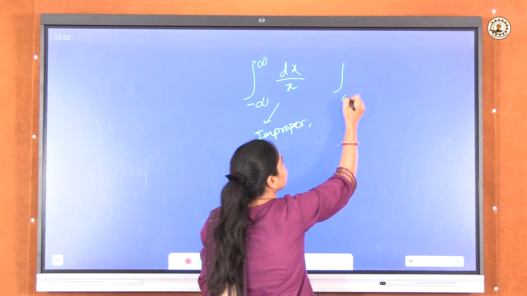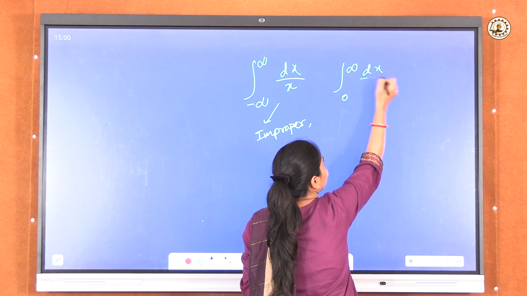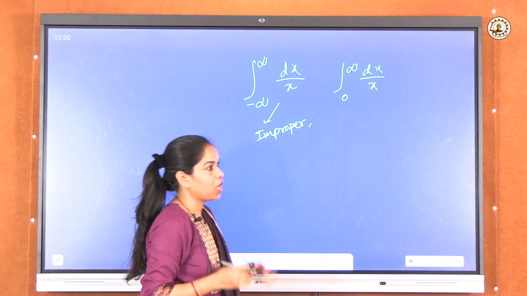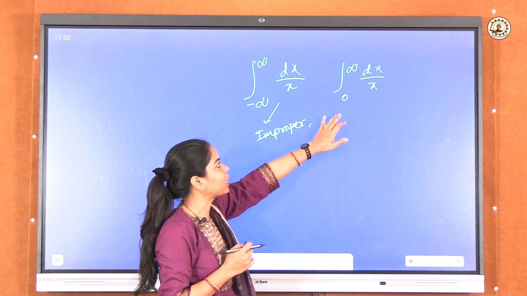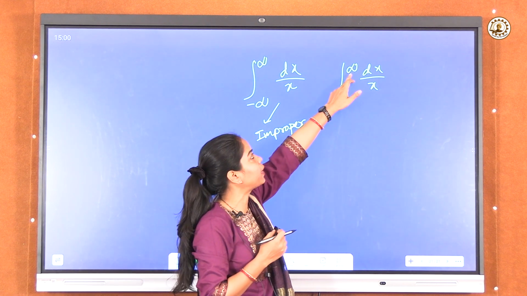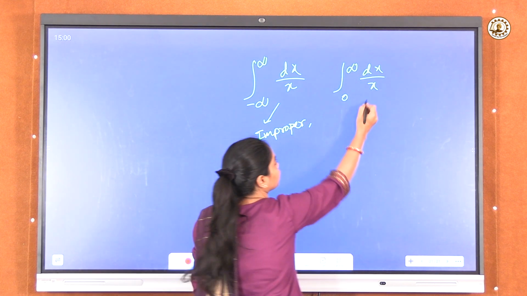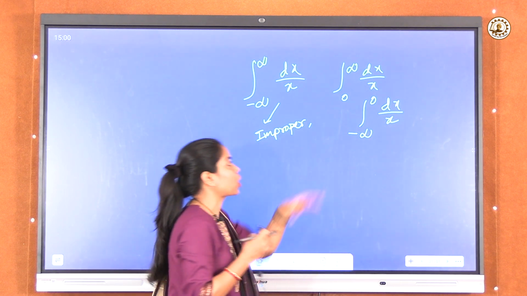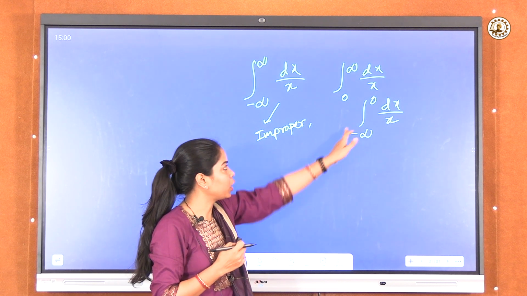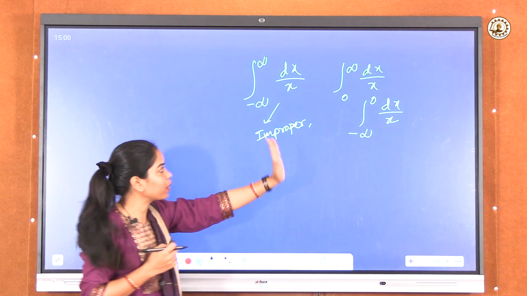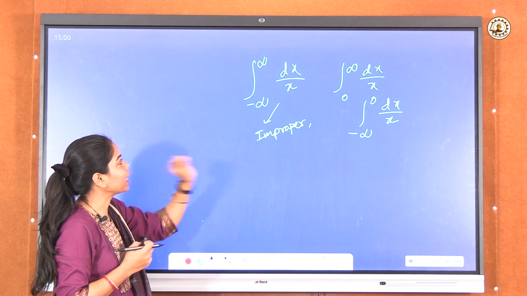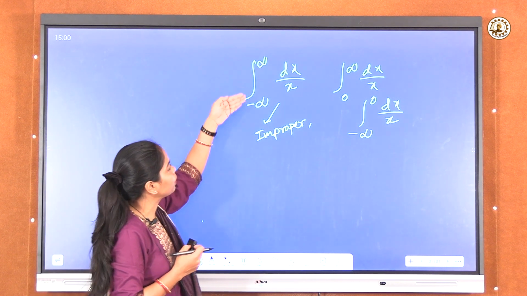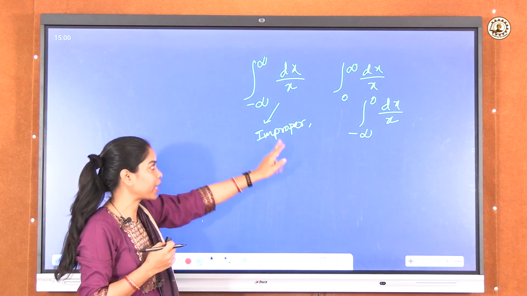Again, 0 to infinity dx by x is also improper. Without any checking, we can say this is improper because the upper limit is infinite. Minus infinity to 0 dx by x is also improper because the lower limit is infinite. So if the lower limit or upper limit is infinite, then it is directly improper.